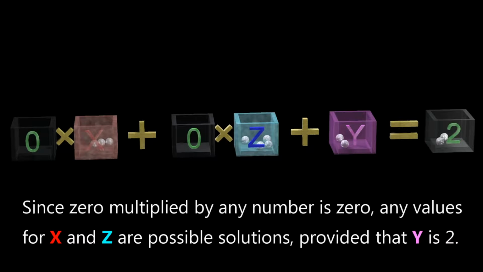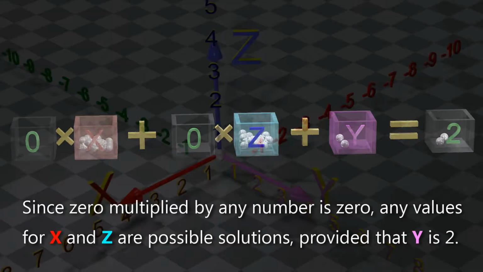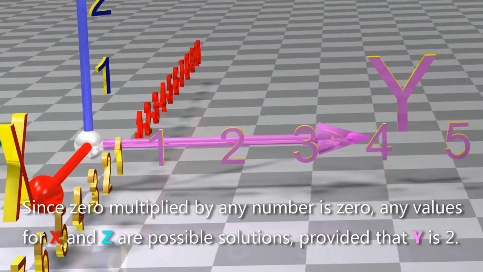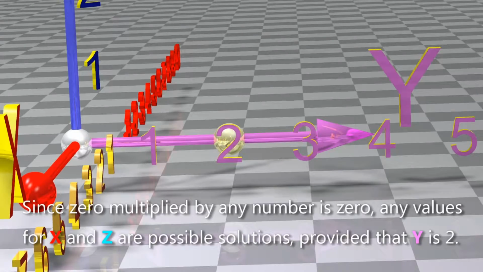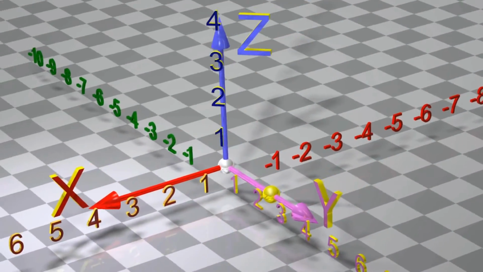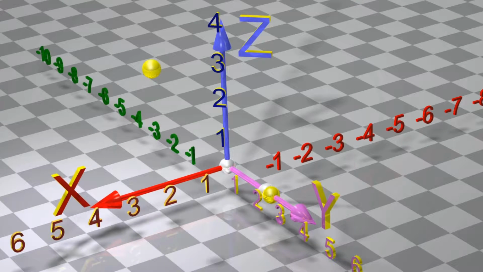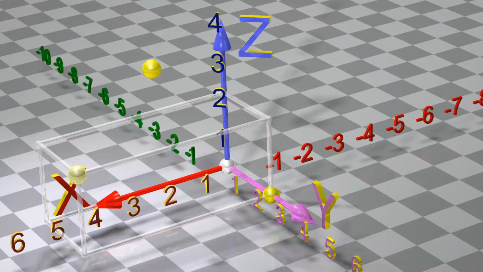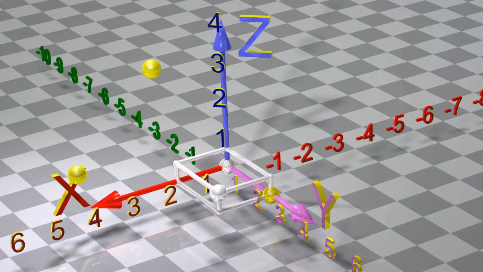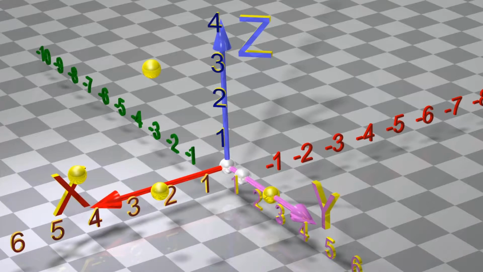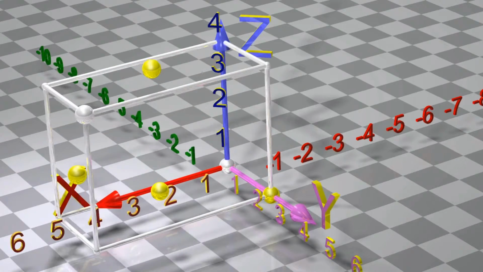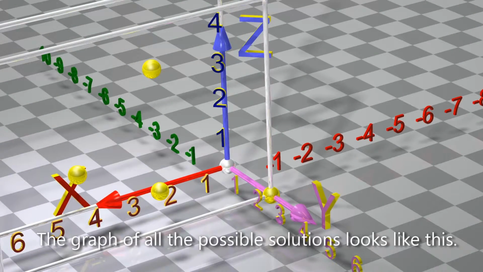Since 0 multiplied by any number is 0, any values for x and z are possible solutions, provided that y is 2. The graph of all the possible solutions looks like this.